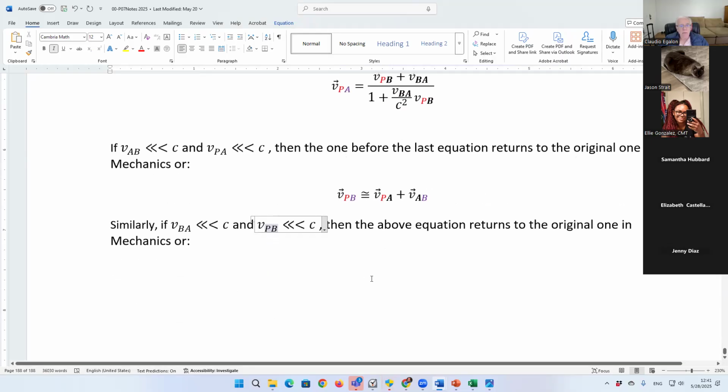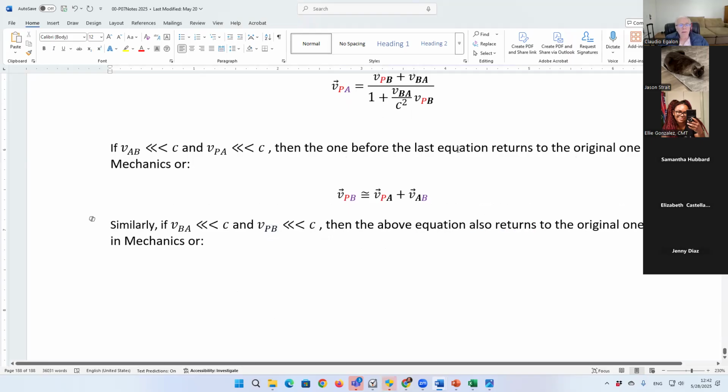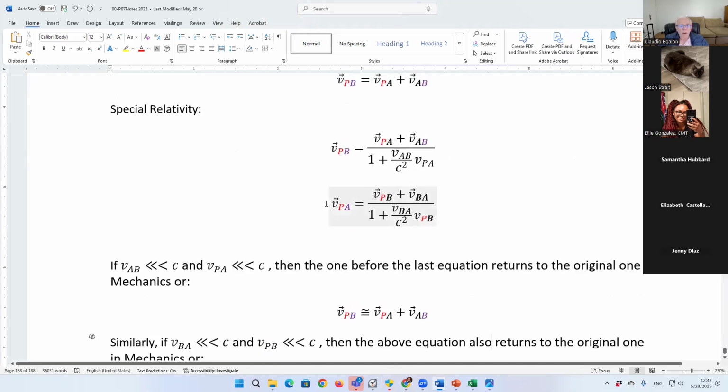Then the above equation also returns to the original one in mechanics, which is this one right in here.